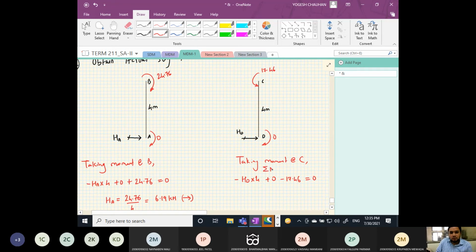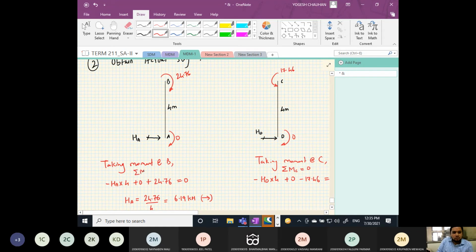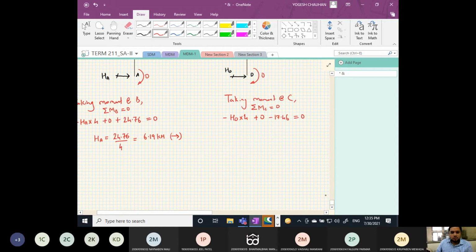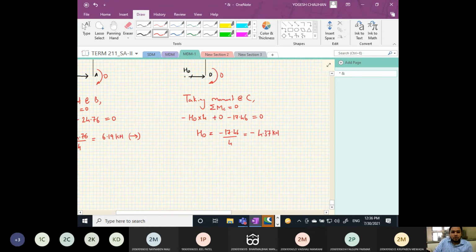We are taking summation of moments at C equals 0, as we took summation of moments at B equals 0. So HD is equal to minus 17.46 divided by 4, that will be minus 4.37 kilonewton. Minus means we assumed it to be from left to right, but it is actually acting right to left.